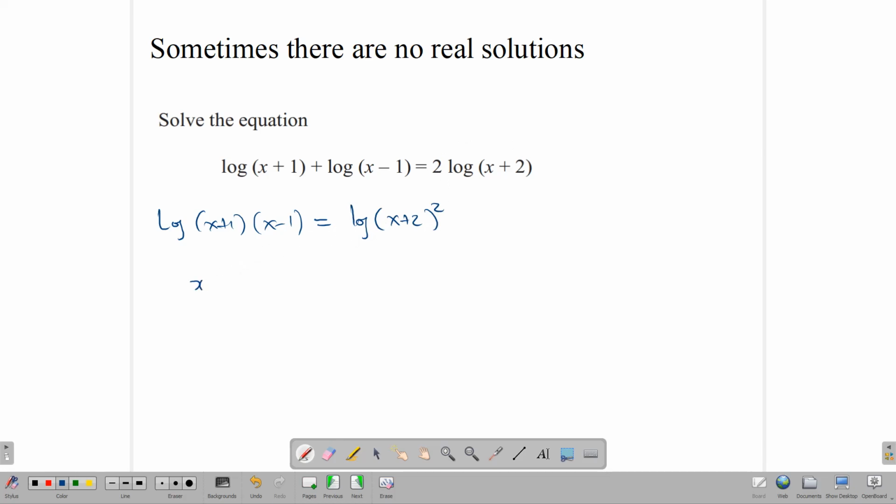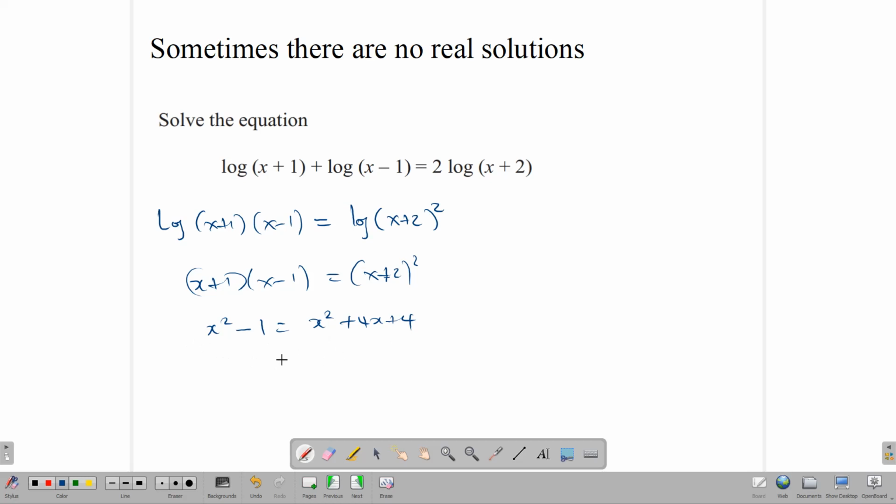And so what we have here is (x plus 1) times (x minus 1) is equal to (x plus 2) squared. Now expanding this gives us x squared minus 1 is equal to x squared plus 4x plus 4.